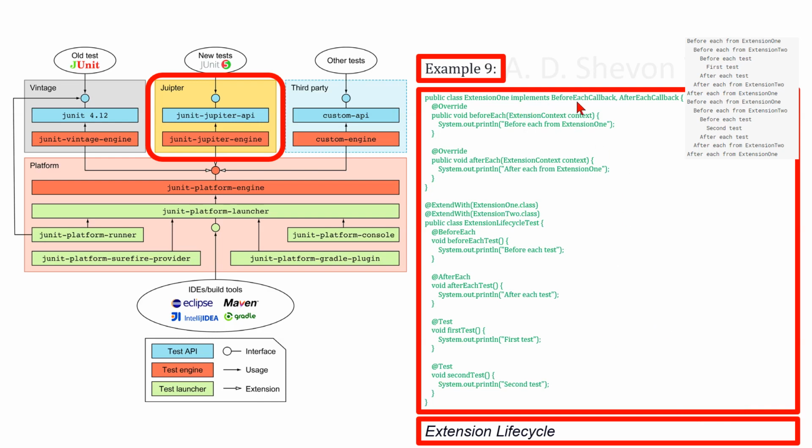Interface BeforeEachCallback. BeforeEachCallback defines the API for extensions that wish to provide additional behavior to tests before an individual test, and any user-defined setup methods, for example @BeforeEach methods, for that test have been executed.